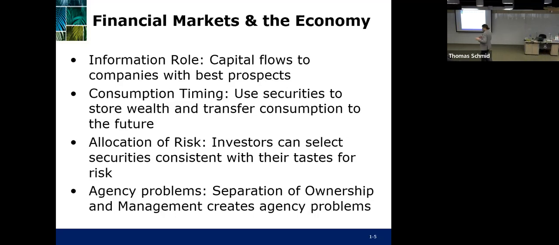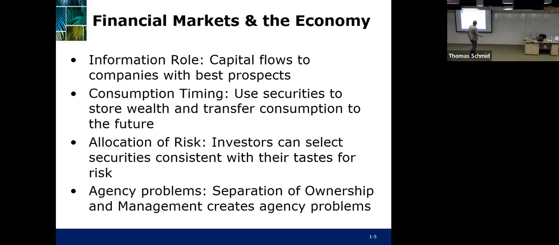Okay? So the point why I'm mentioning this is just, although this question seems very obvious, whether financial markets are beneficial for the economy or not, we do not have a lot of very good evidence on that. Or let me put it slightly differently: answering this question empirically is pretty challenging.